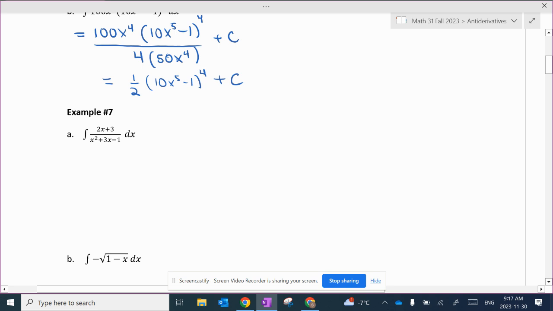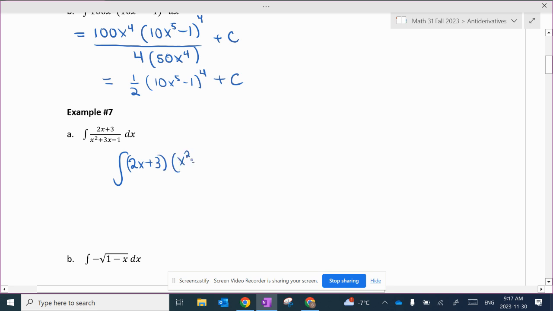What? It's still a baby. It's just a bigger baby, right? It's a healthy eating baby. Okay? 2x plus 3 is the baby of x squared plus 3x minus 1. Okay? So carry that baby along. So we'll just rewrite it. Actually, I'm going to rewrite the whole thing as 2x plus 3.